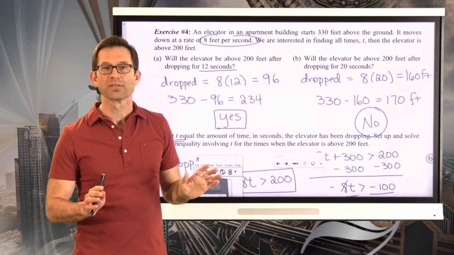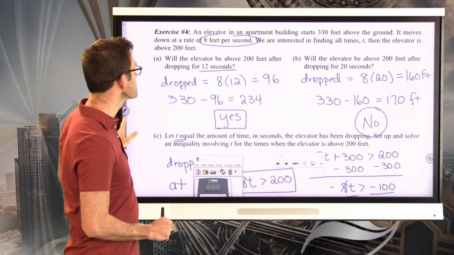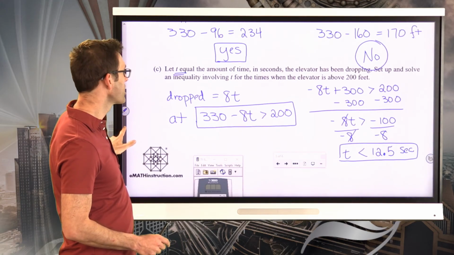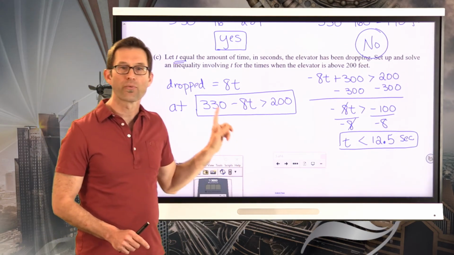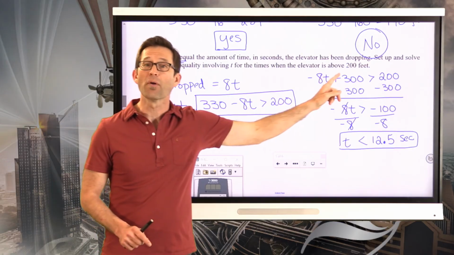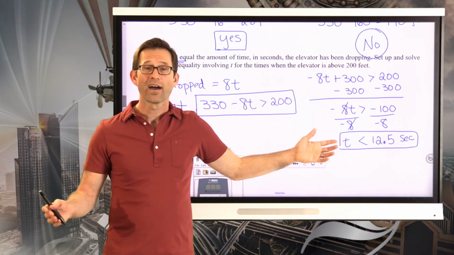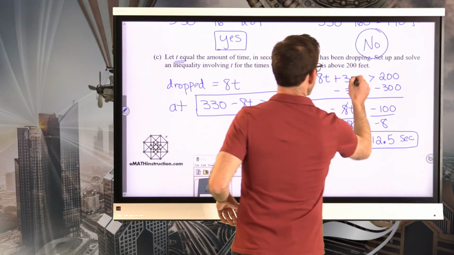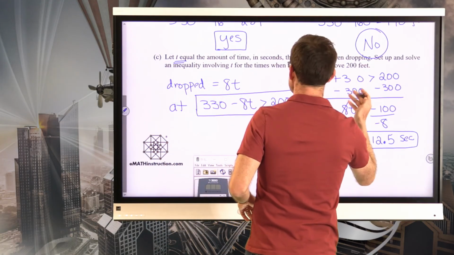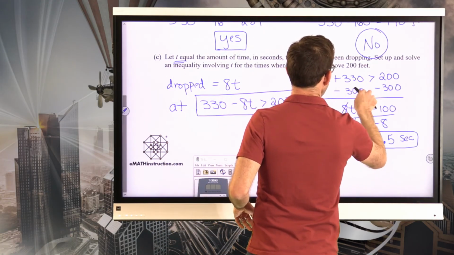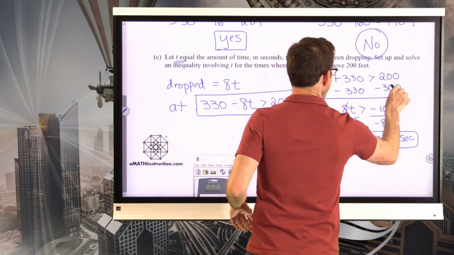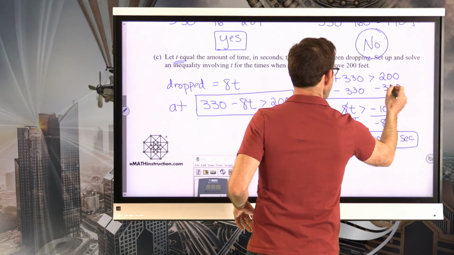Now, I'm just noticing something. I've made a small mistake here, although it's a big enough mistake that we should go back and correct it. Somehow, a 330 here became a 300 over here. So that 12.5 is wrong. Let me go back and correct this work real quick. That should have been 330. 330 doesn't magically change into 300, except in Kirk world, which just sometimes happens.